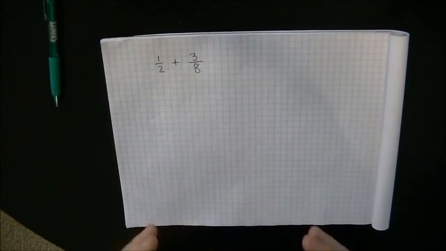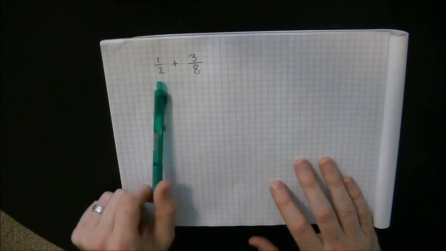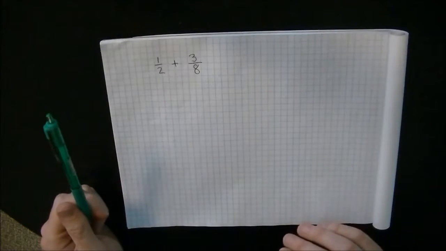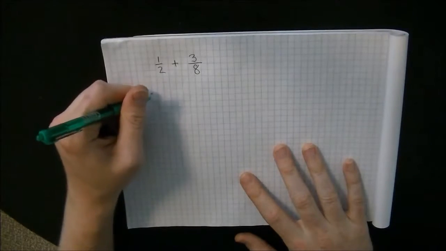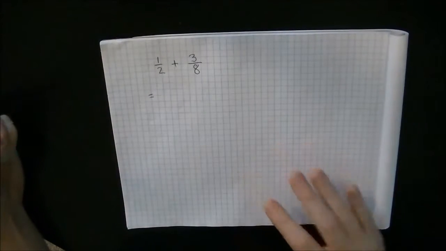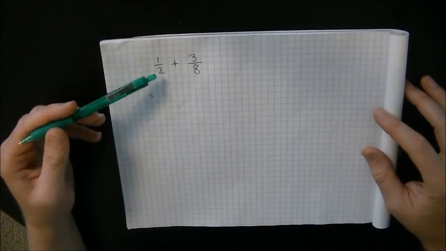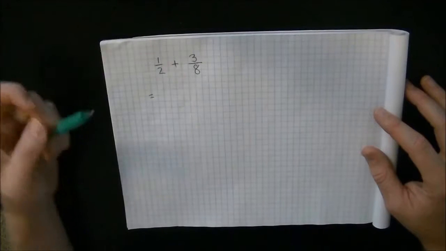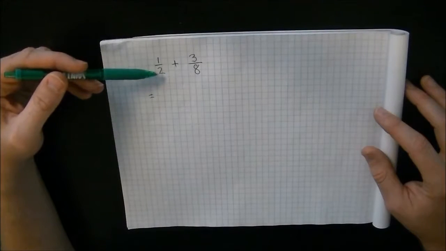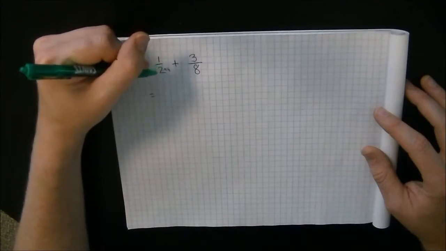Now, you don't always have to just simply multiply the two denominators together in order to find the common denominator. Sometimes there's easier ways, okay? Sometimes there are quicker ways of getting a common denominator. For example, in this situation, we have 1/2 plus 3/8. I know I can multiply 2 by 4 to get 8.